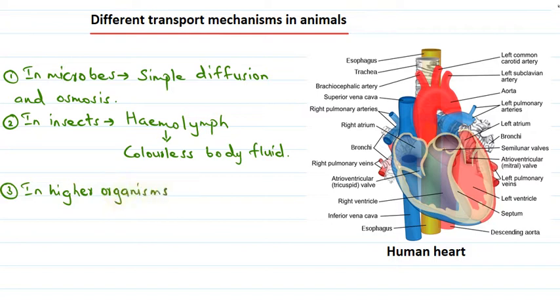Next we'll move on and see what happens in higher organisms. Higher organisms have a separate circulatory system for the transportation of different materials.